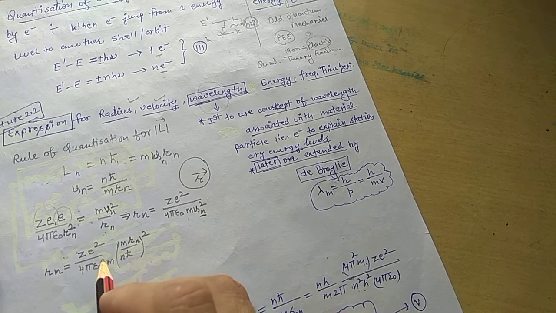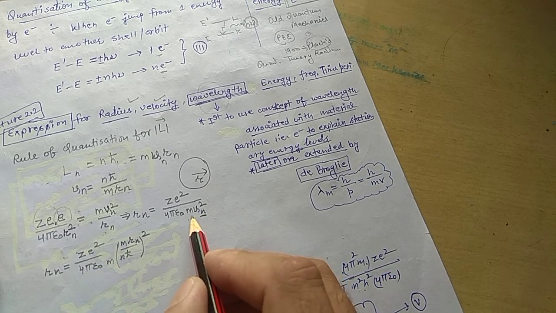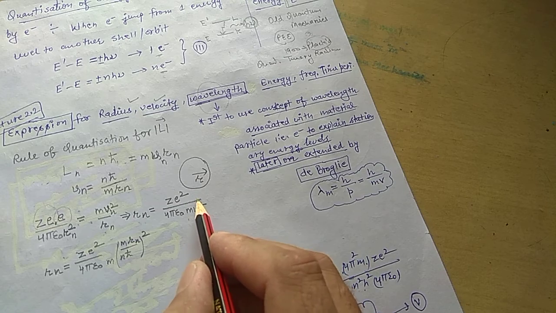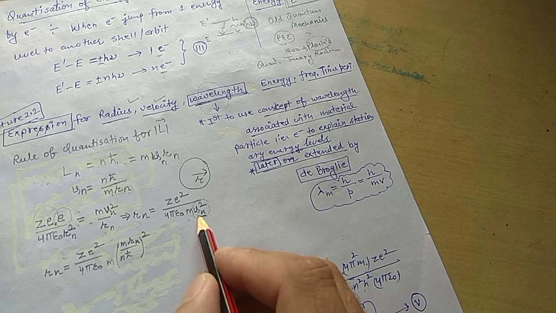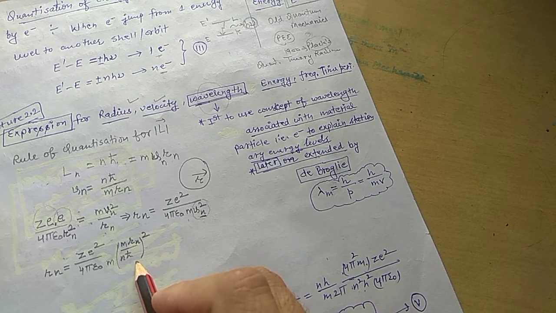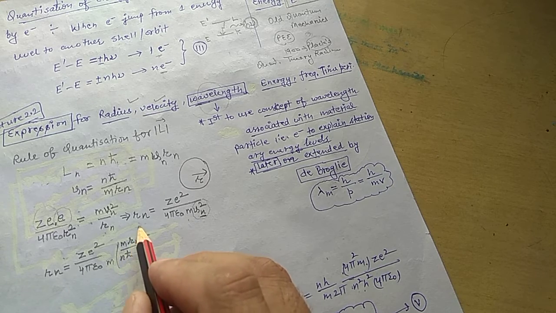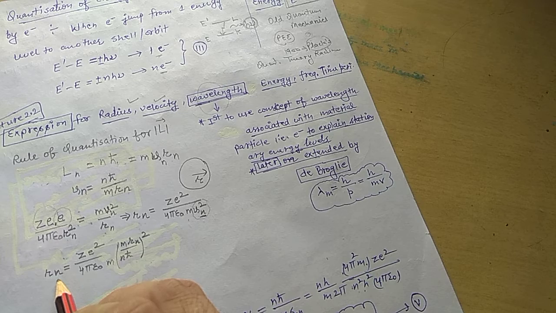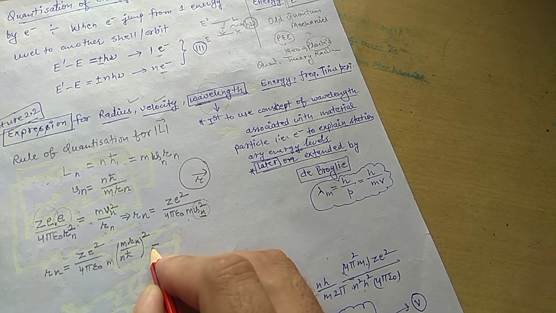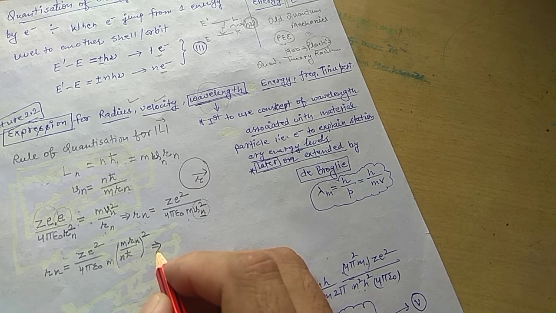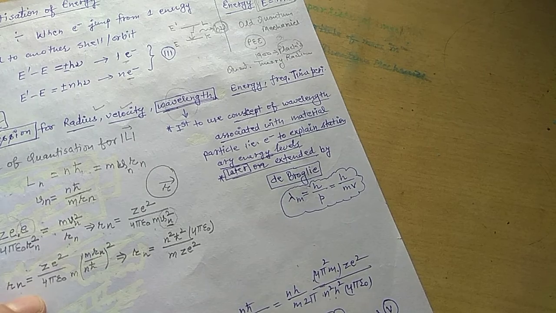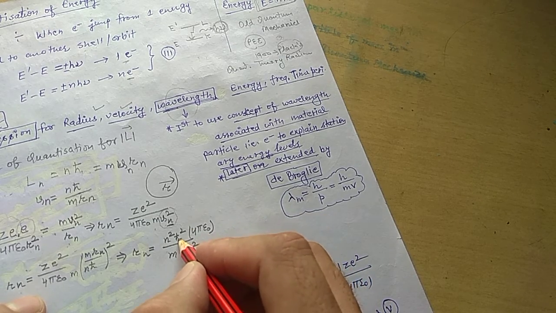So class, here you see we have m vn square. I have substituted the value of vn here, and after solving, you will see Rn square will be there and Rn is here. So from here you can find Rn. You need to keep in mind that here we have h cut.